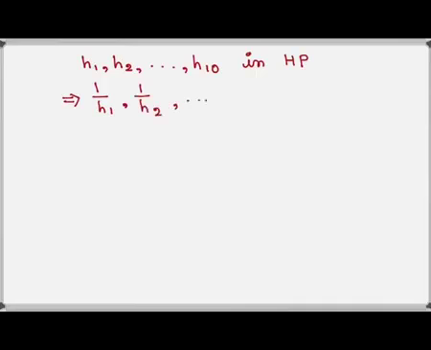We have H1, H2 up to H10. They are in harmonic progression. That means 1 by H1, 1 by H2 up to 1 by H10, they are in arithmetic progression. Let us write what is 1 by H10.